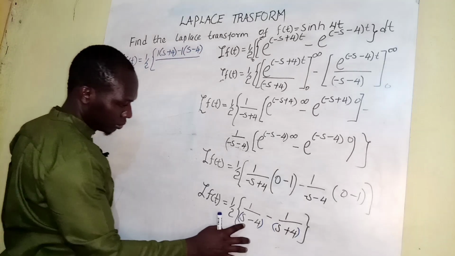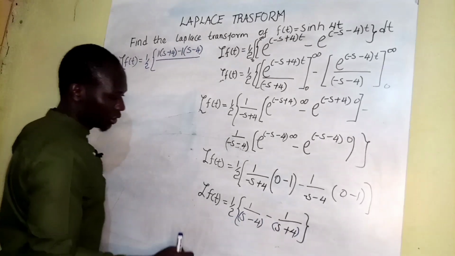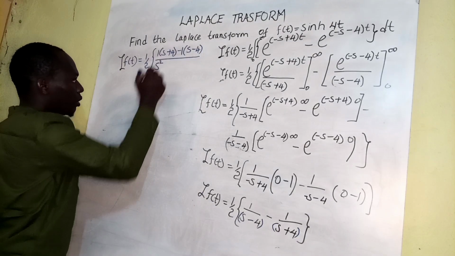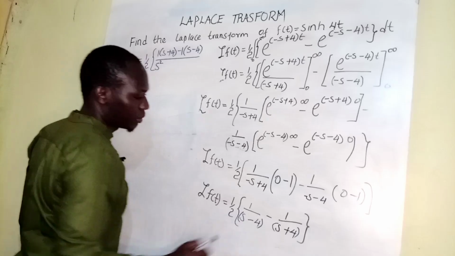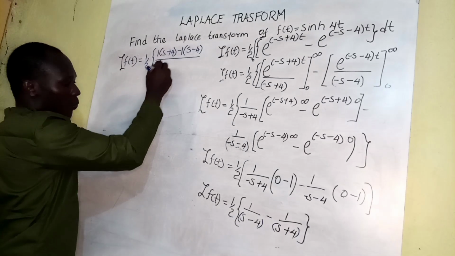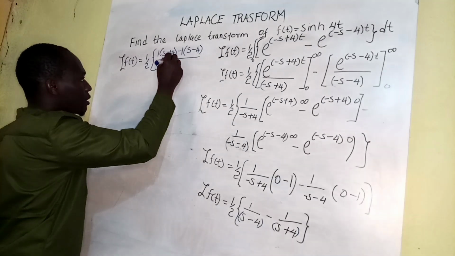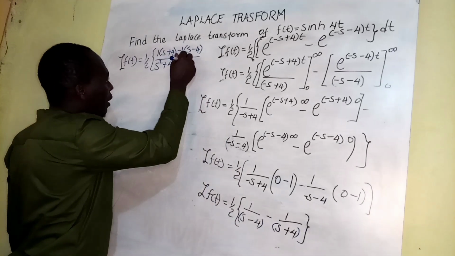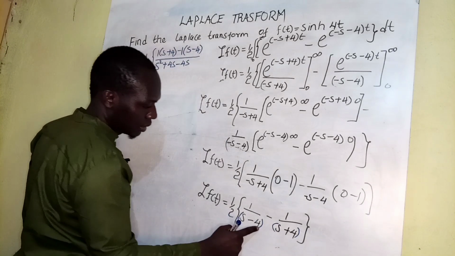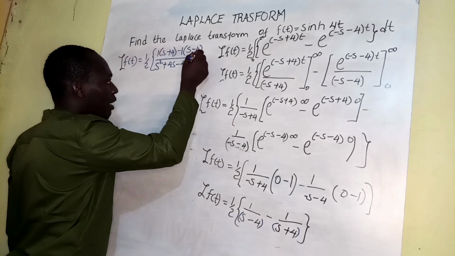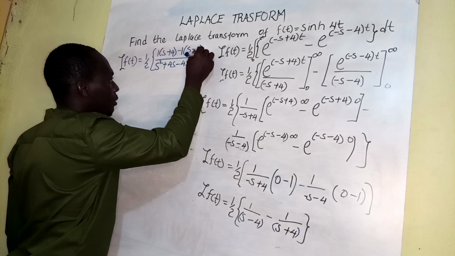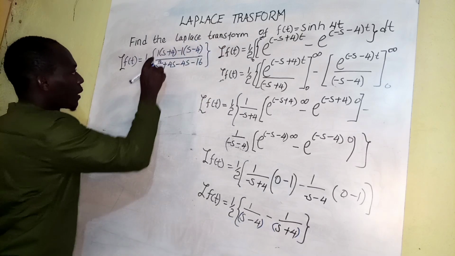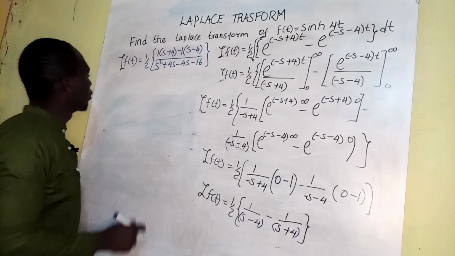all over whatever we are having on the denominator, s multiplied by s, we are going to have s squared, s multiplied by 4, we are going to have plus 4s, minus 4s, minus 16. Let us open our terms on the numerator.